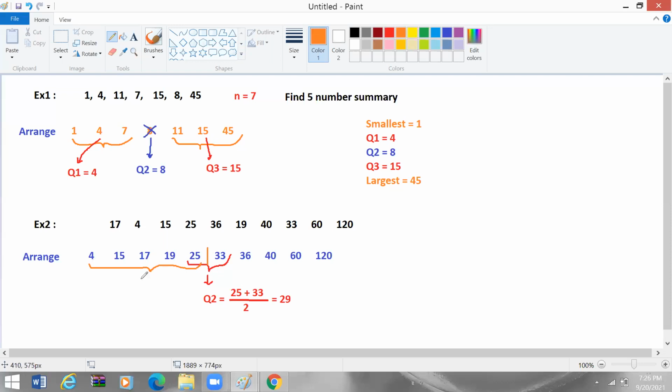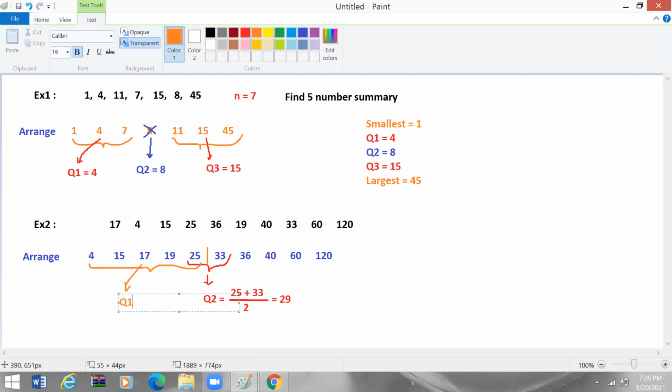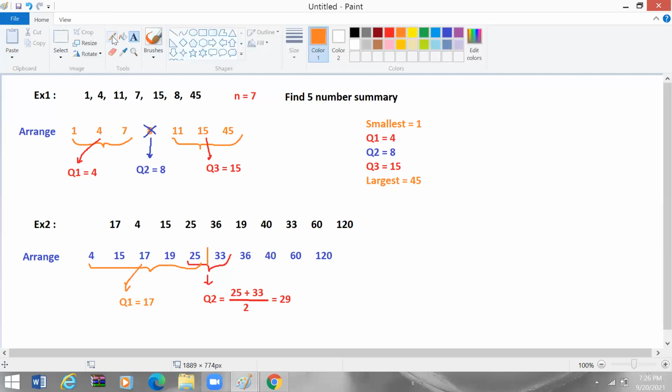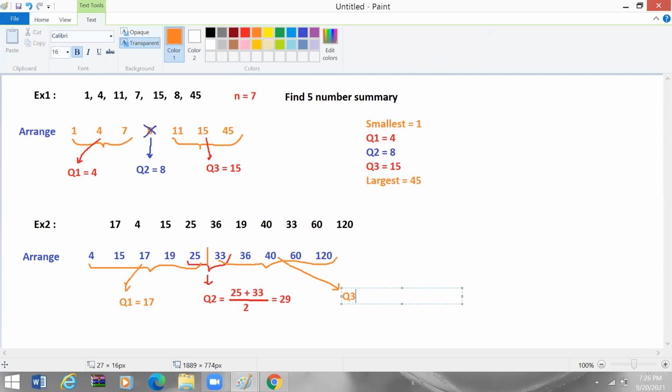So apparently 17 is going to be the Q1. And 40 is going to be the Q3, correct? Any question? Any concern for that?